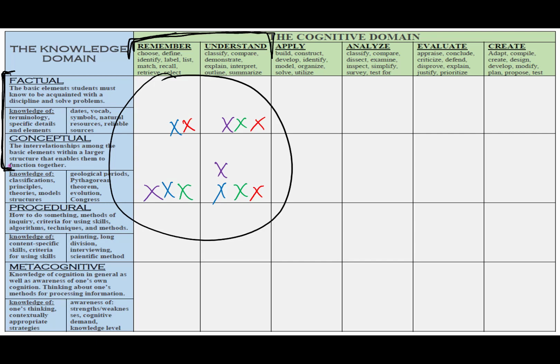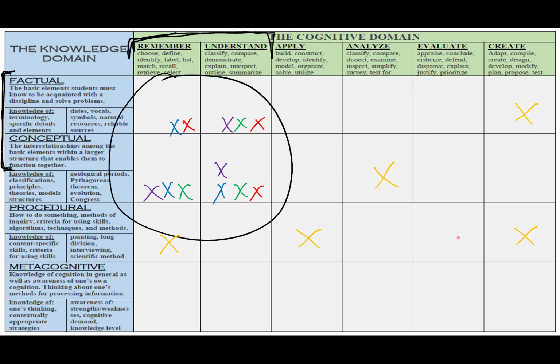Okay, now, depending on the course, this may or may not be okay, but it is something that you want to look out for. What we would rather see is all of our objectives spread across the entire cognitive domain and knowledge domain.